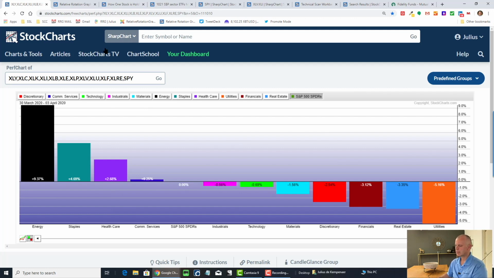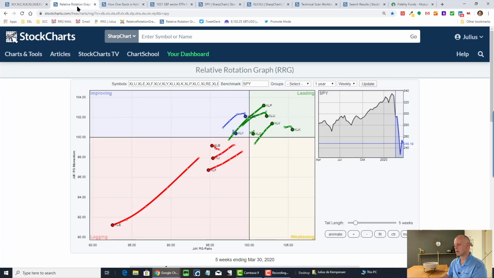If we quickly plot that on an RRG, then we see basically a continuation of the rotational patterns that we've seen over the last few weeks, which means that we have the defensive stuff inside the leading quadrant with staples still doing very well, heading further into it.